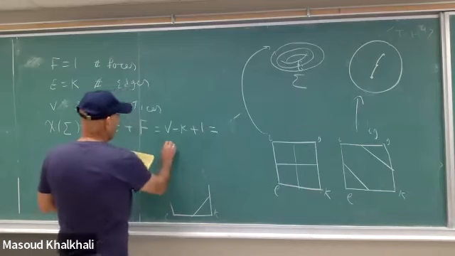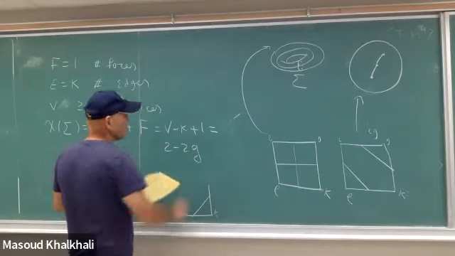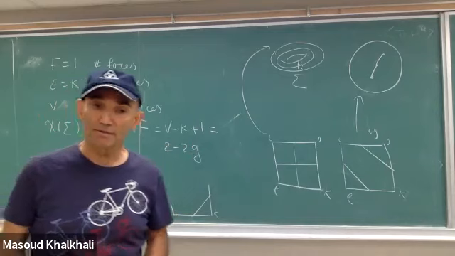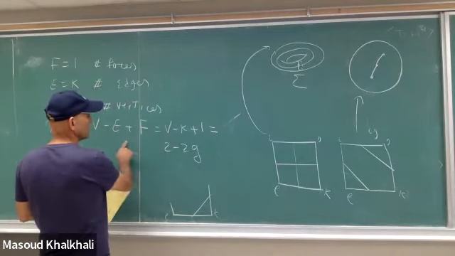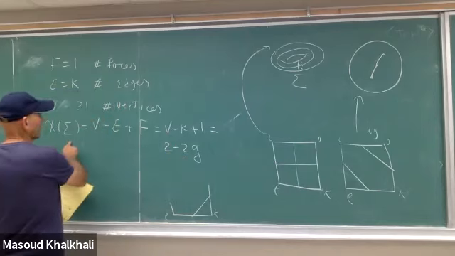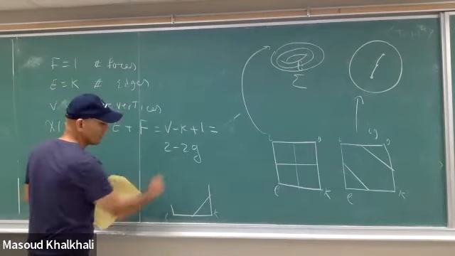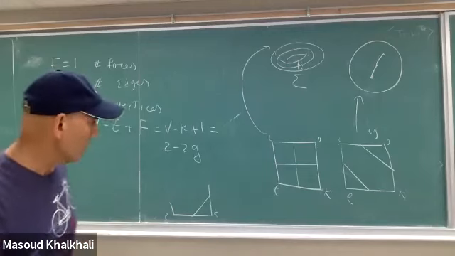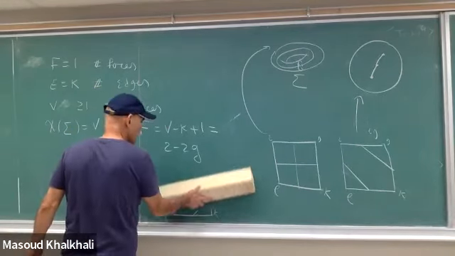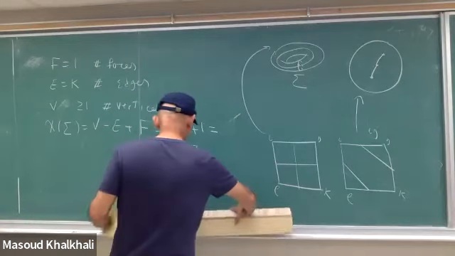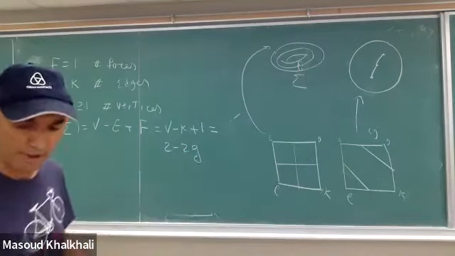This is 2 minus 2g, where g is the genus of the surface. This is what we know from topology, that genus enters into this Euler characteristic formula this way, 2 minus 2g.